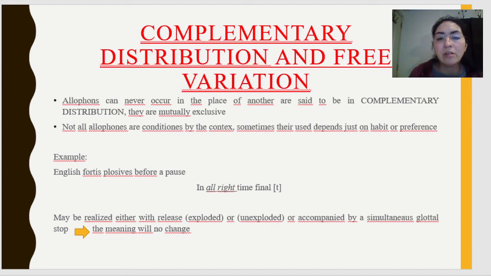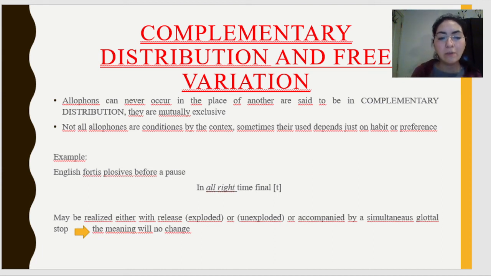Complementary distribution and free variation. Allophones that can never occur in the place of another are said to be in complementary distribution. They are mutually exclusive. Not all allophones are conditioned by the context. Sometimes their use depends just on habit or preference.